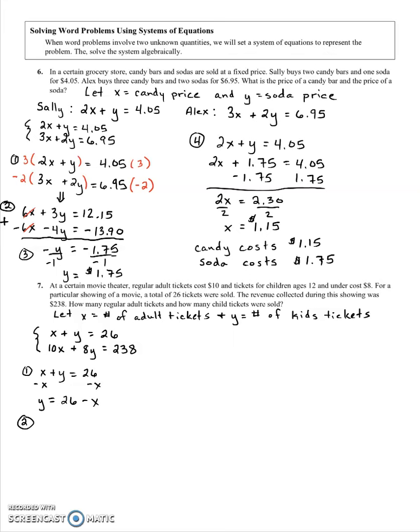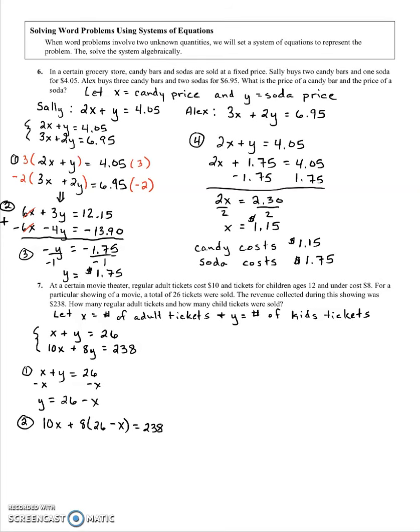Now I'm going to substitute in the second equation where y is. I'm going to change that to a 26 minus x. So we take 10x plus 8 times 26 minus x equals 238.